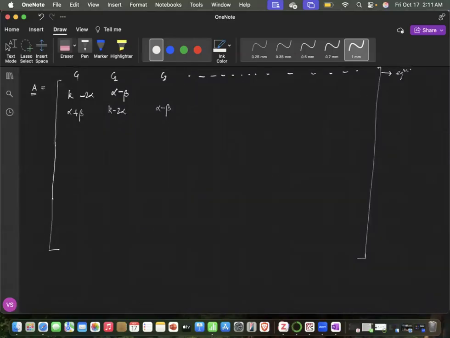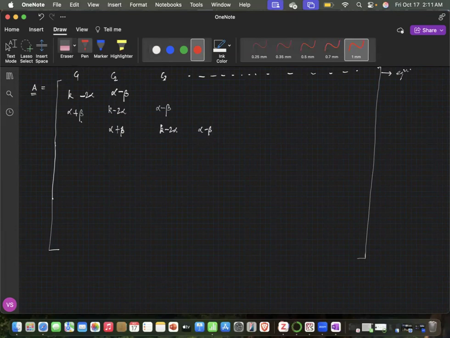And then it becomes fairly simple because this is just continued diagonally. So in the next equation, the coefficient of C2 becomes alpha plus beta. The coefficient of C3 is k minus 2 alpha. And the coefficient of C4 is going to be alpha minus beta, right? So you will see this kind of a sparse matrix with just 3 diagonals being covered, except at the boundaries, of course, but otherwise this kind of a matrix will be formed.